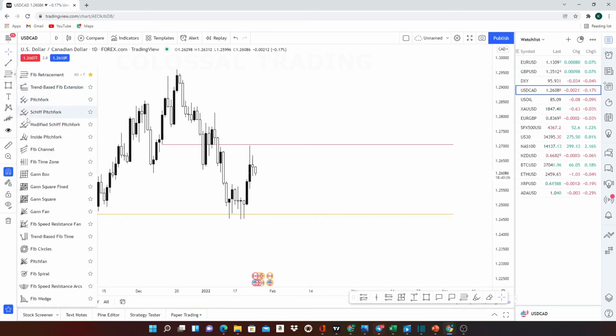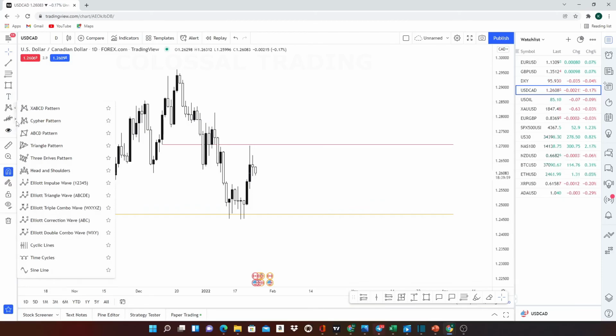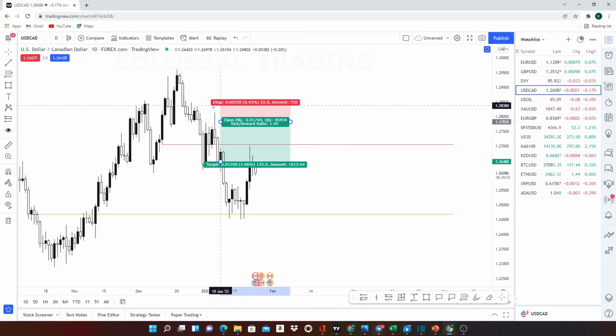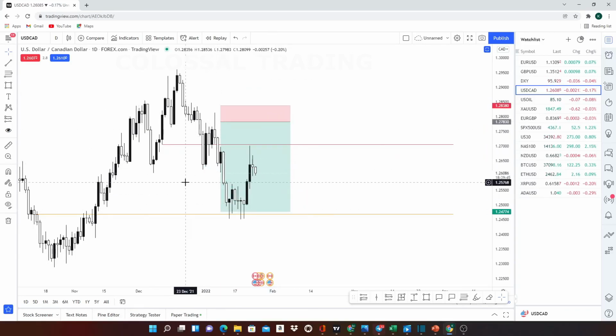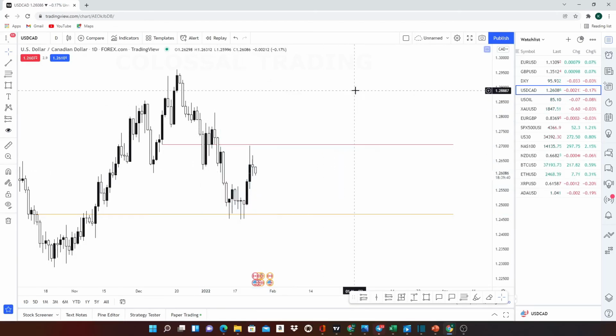Let me just draw it. If I was in a short from right here, stop loss above here, this is 55 pips, target down here 1 to 5, boom, that's a swing. All right, so the higher the time frame, you can expect more volatility and more push on the market. So that's how you use that.